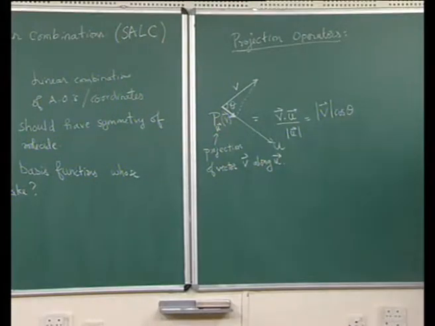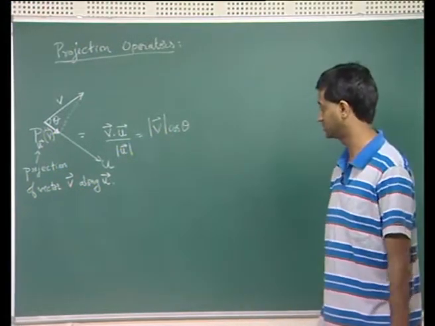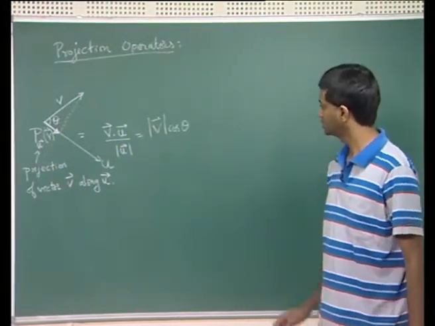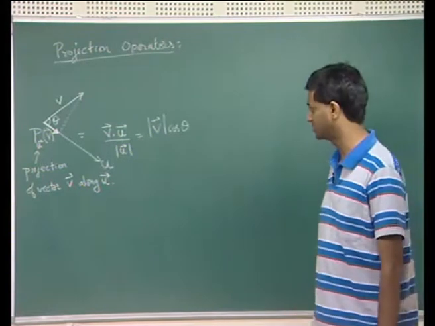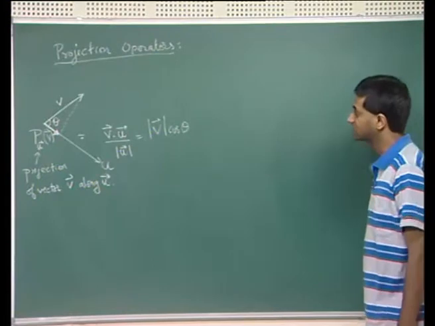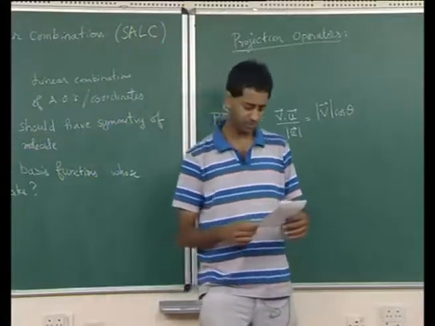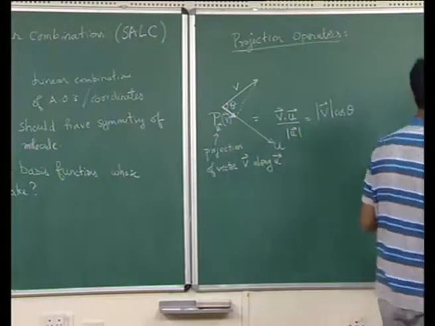You can have functions be treated as vectors depending on the space that you're interested in. So in such cases, what is the more general definition of the projection operator, especially when we use wave functions as our basis? That's what we are going to look at next.